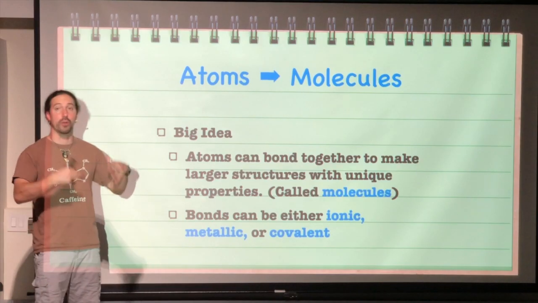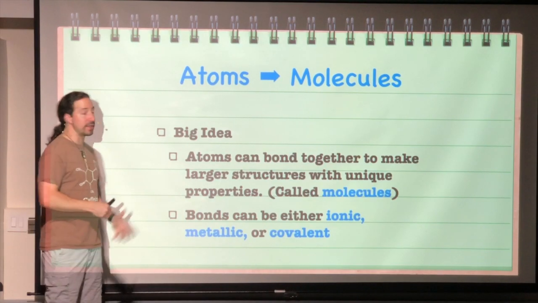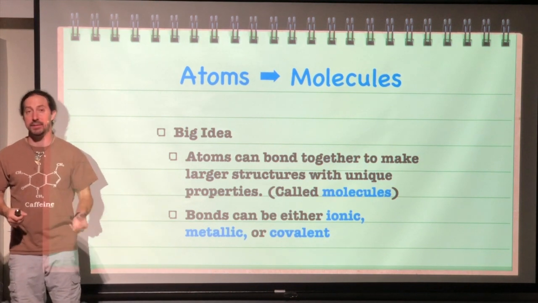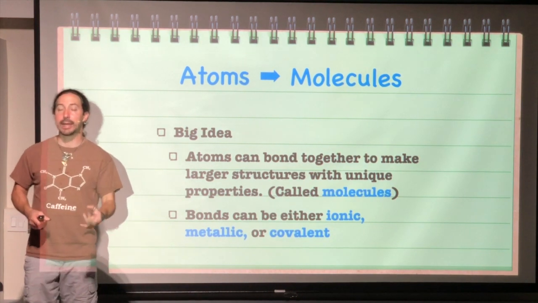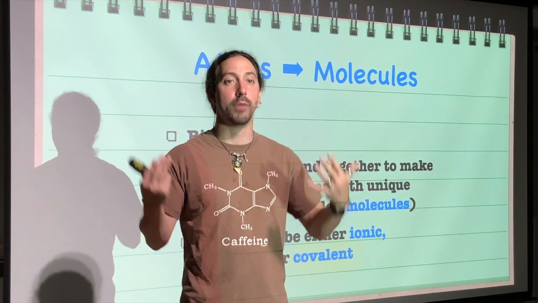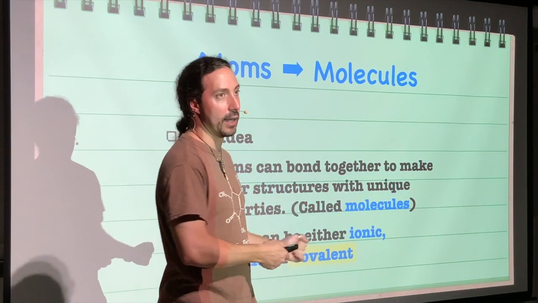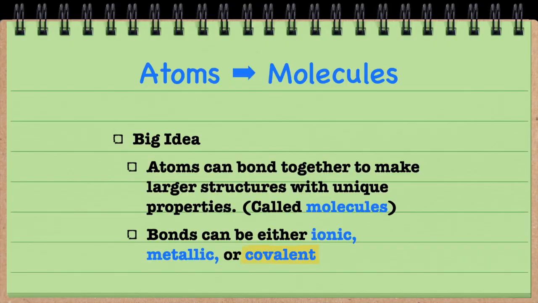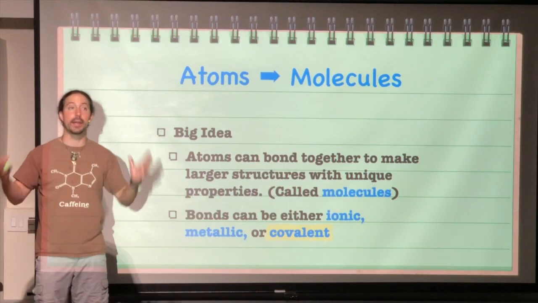And those things are called molecules. And the bonds come in 3 types: ionic, metallic, and covalent. Now in biology, we focus mostly on the covalent bonds. So when we're going to be looking at bonds in a little bit, we are going to be focusing on covalent bonds.